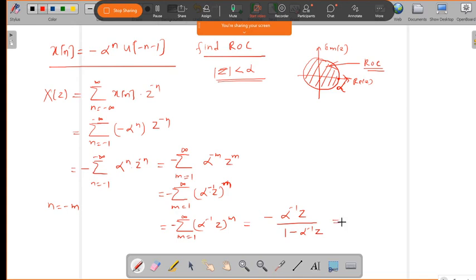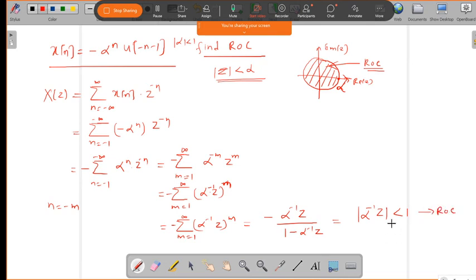Now we have defined alpha to be less than 1, so here also alpha is less than 1. So for alpha inverse z, the magnitude is less than 1, and this will give the ROC.